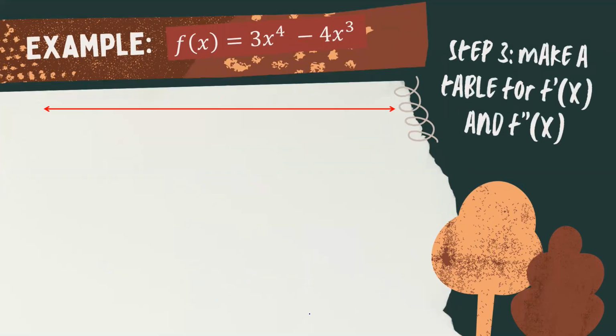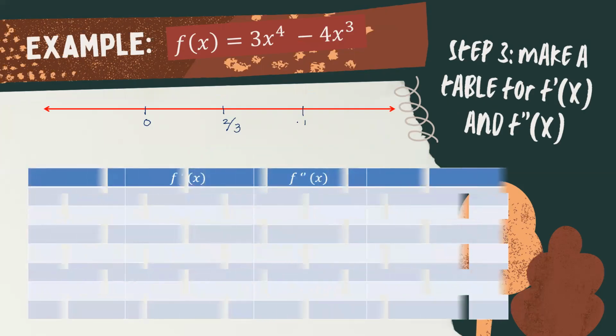Ngayon, titingnan natin sa step 3, we make a table for f prime of x and f double prime of x kasi para magamit natin yung first tsaka second derivative test. So what we do is arrange our critical points in the number line. So ang pinakauna si 0, followed by 2/3, followed by 1. Yan. Tapos, gawa tayo ng table. Okay? So, para maintindihan natin yung ating mga order, yung ating interval.